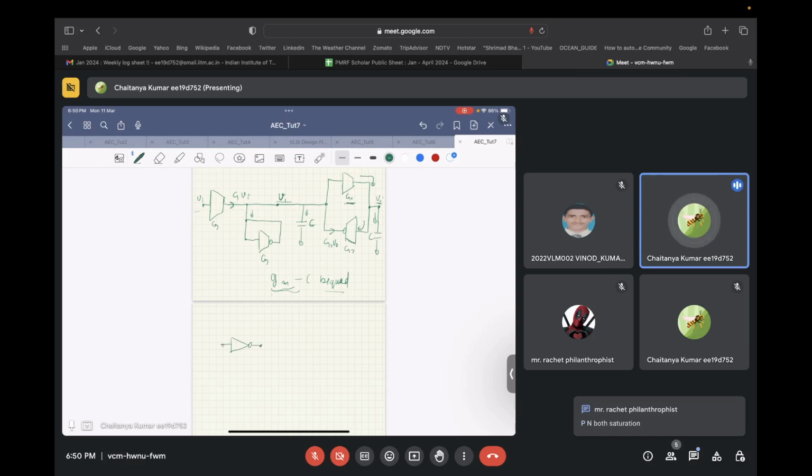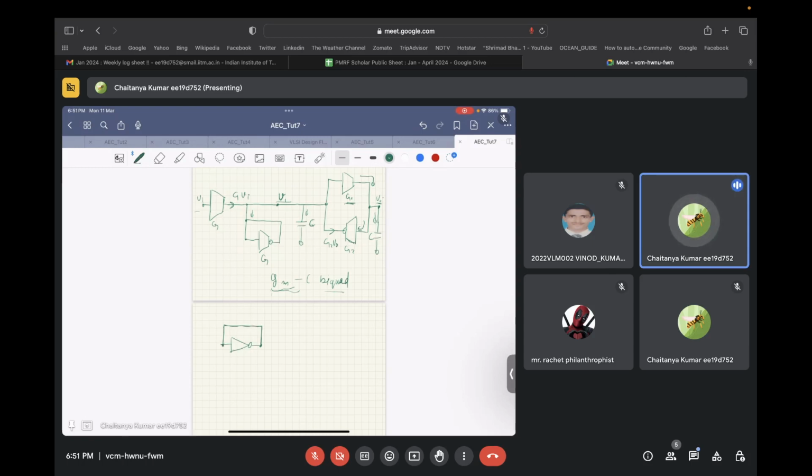So both P and N have to be in saturation. So one way for both P and N to remain in saturation is if you connect input and output of an inverter. This I think you have learned in class.